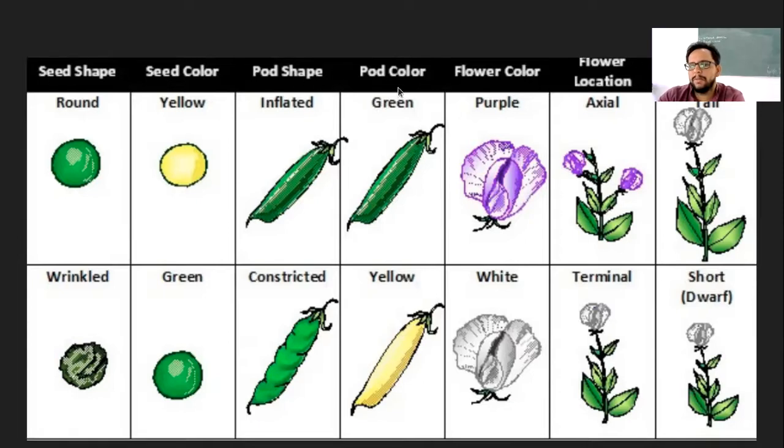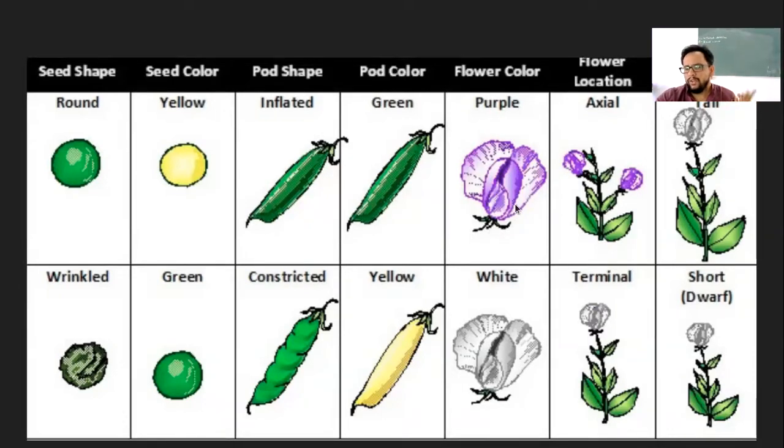You can take pod shape and pod color, or seed color and pod shape, or any two randomly, but only two characteristics at a time, that is a dihybrid cross, and in a monohybrid cross, only one characteristic. Trihybrid, tetrahybrid, these are again possible, but that is very, very complex.